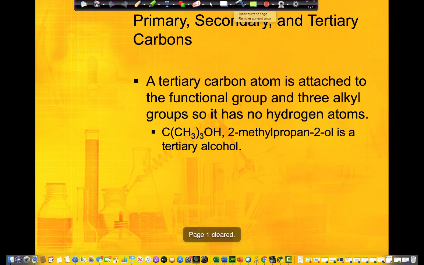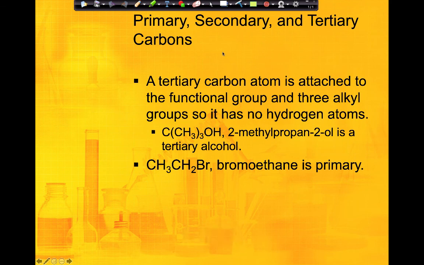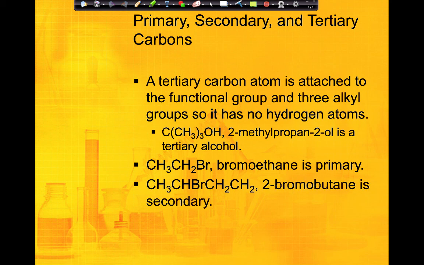Now we can also talk about primary, secondary, and tertiary in terms of functional groups. Okay, so if I look at this compound right here, this halogen alkane, I have bromoethane, and it's going to be primary. This is essentially attached at the end, and then you can see it's attached to a primary carbon. Okay, this one, 2-bromobutane, is attached in the middle.